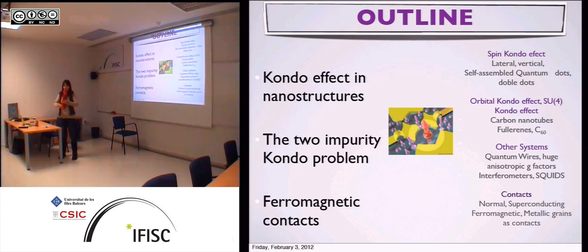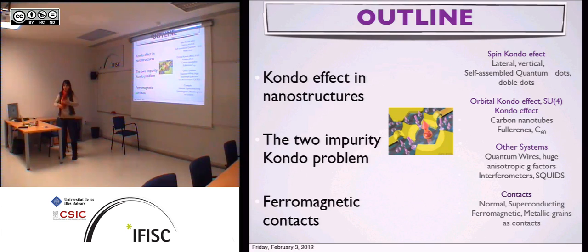For the parallel case, we assume that the majority spins point in the same direction in the left and the right, and we can model the couplings, the tunneling rates, using this type of parametrization, where P just gives the degree of polarization.